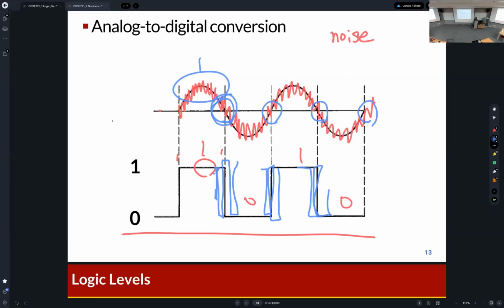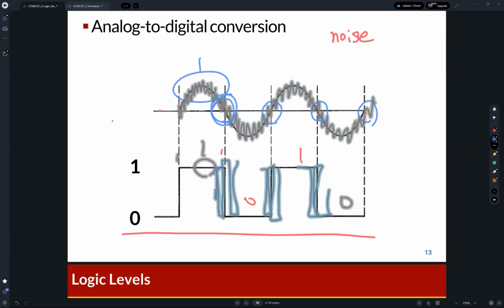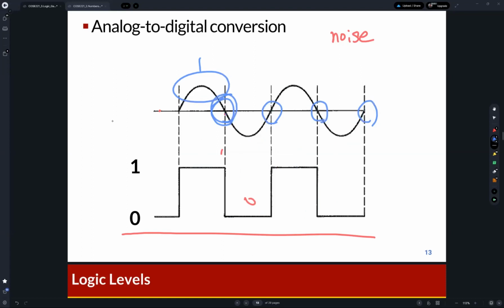Because if we compare the real analog signal with the threshold level, in this region the signal can drop below the threshold for a short time, and then it will change frequently. This is the ideal signal you want to use.